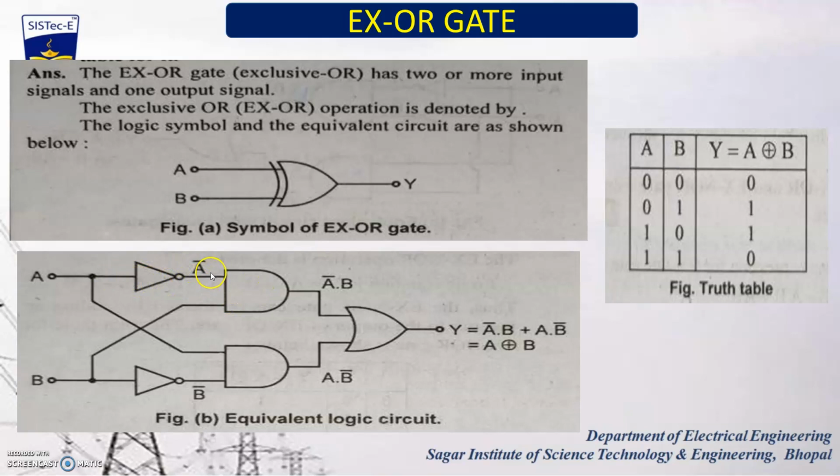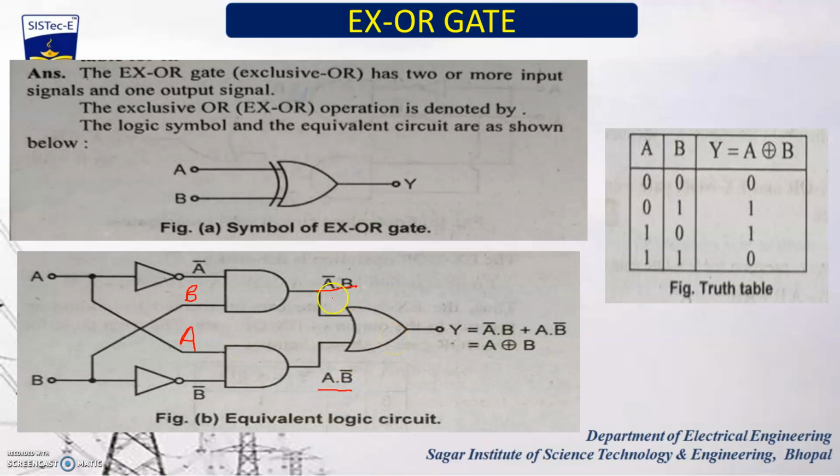The first is A bar and the second is B. We know that the output of the AND gate operation is A bar dot B. Similarly, for the second AND gate, I have taken the first input as A and the second input B is first passed to the NOT gate, and the output will be B bar. Similarly, the output of this AND gate will be A dot B bar.